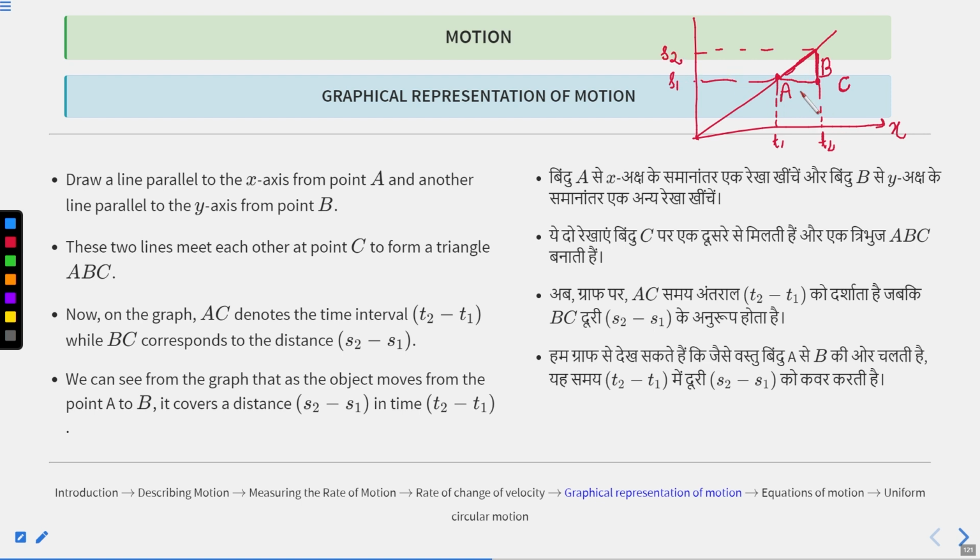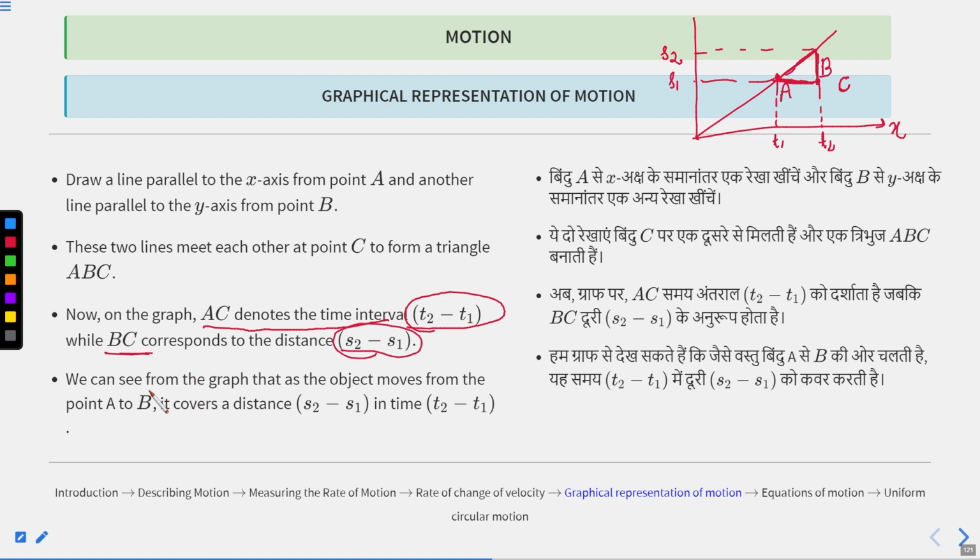What will be the time interval between A and C? It will be T2 minus T1. And what will be the distance corresponding to BC? It will be S2 minus S1.